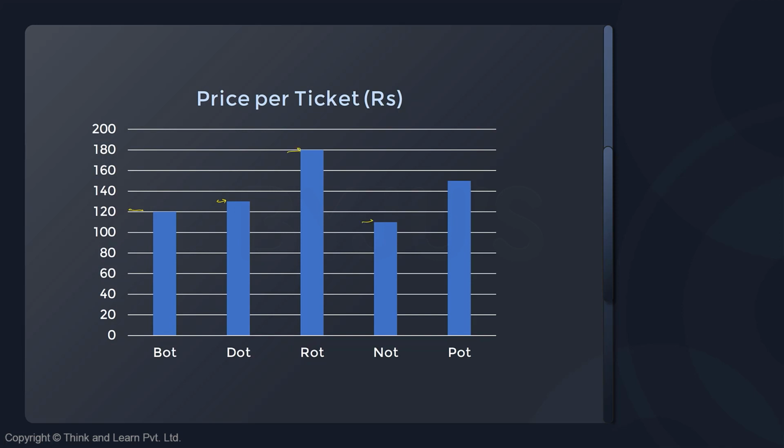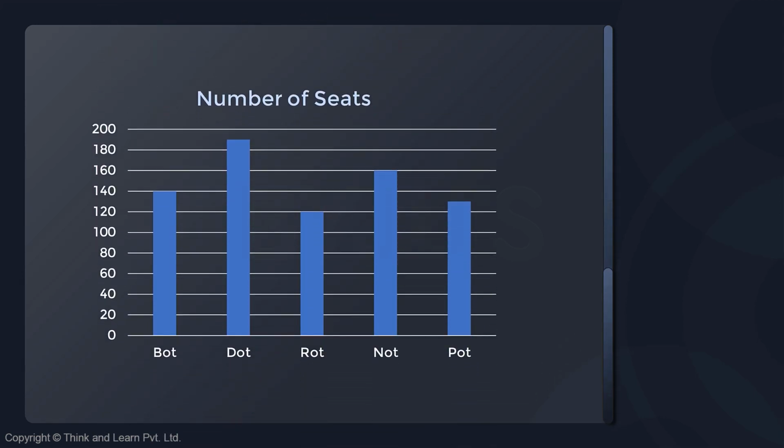This is 110, and this is 150. Clear? Very much visible. Looks very simple data. Next is number of seats, again multiple of 10, so this is clearly 140, this is 190, this is 120, this is 160, and this is 150.